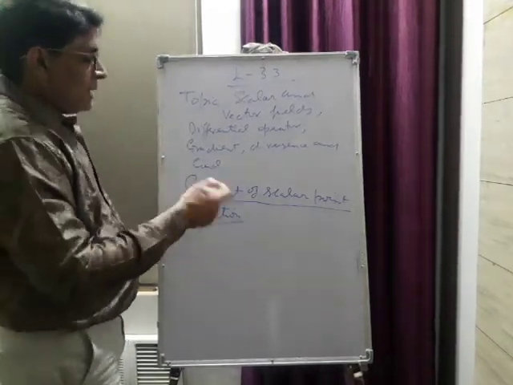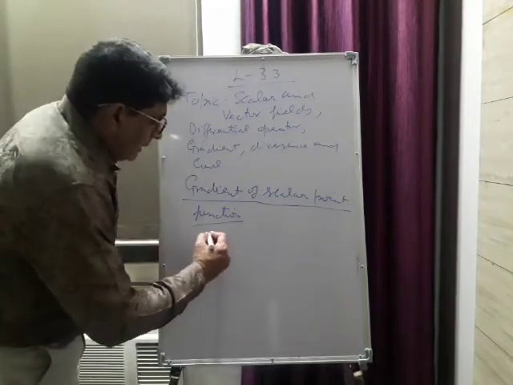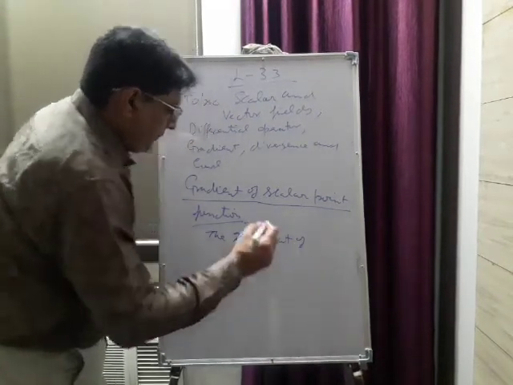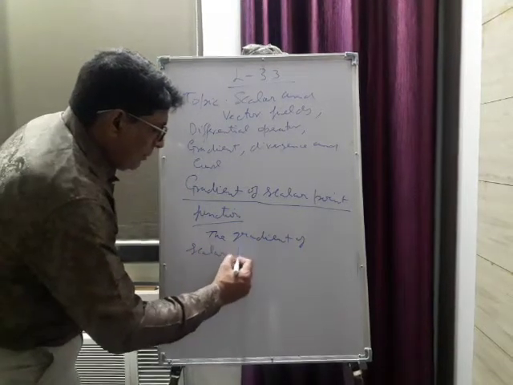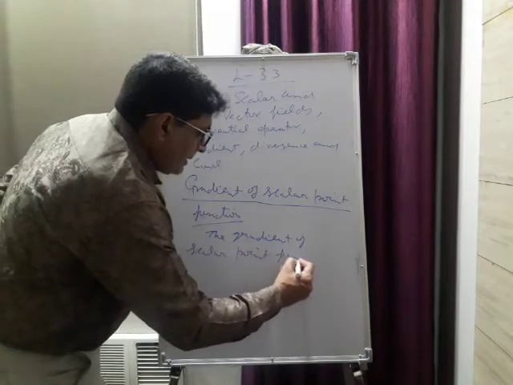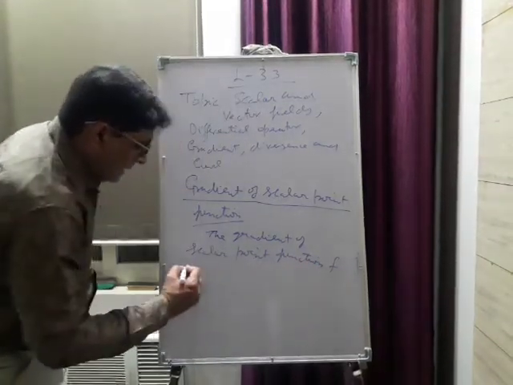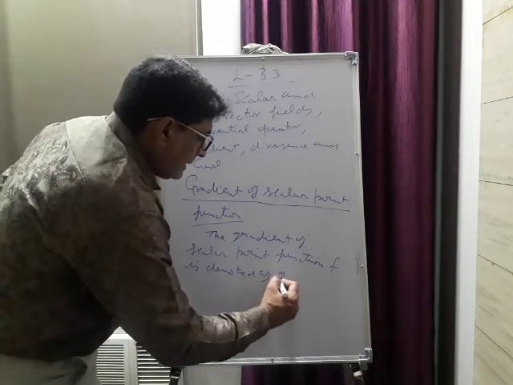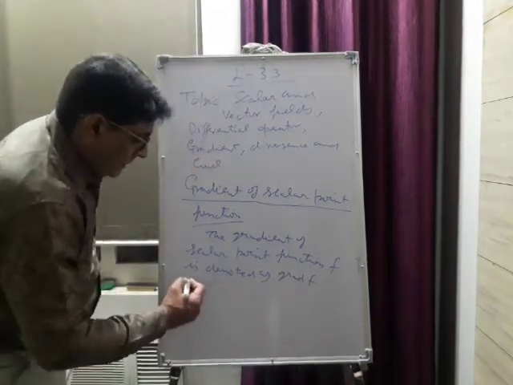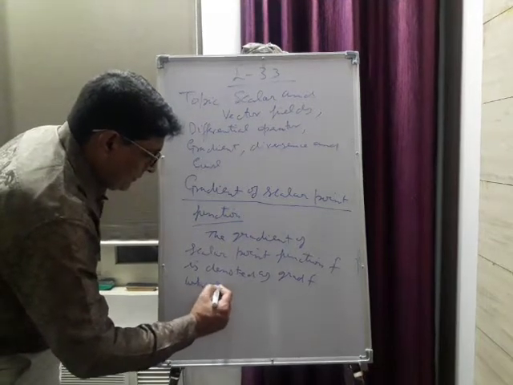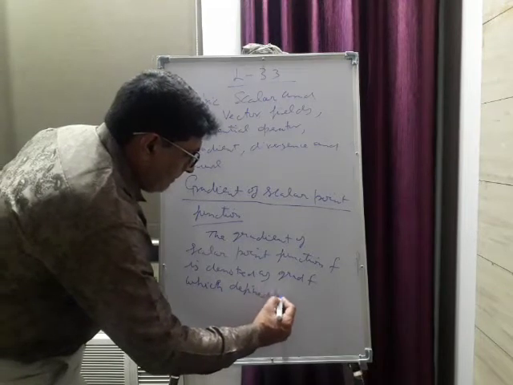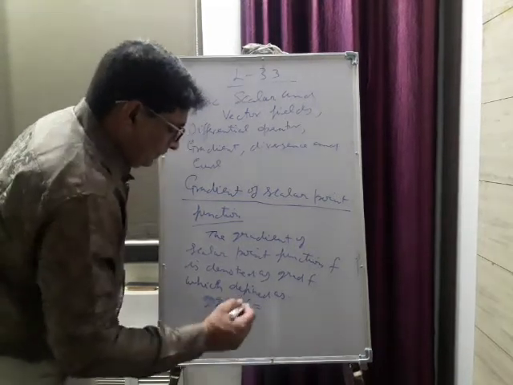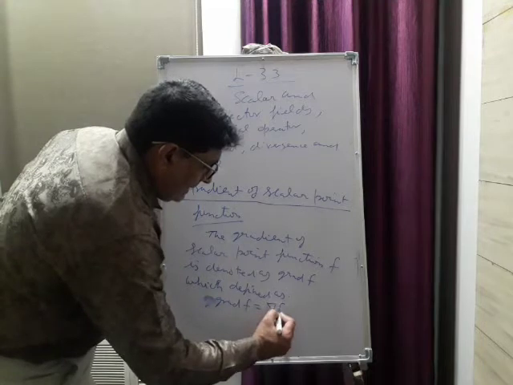So how can we define the gradient? The gradient of a scalar point function f is denoted as gradient f, which is defined as gradient f equal to del f.